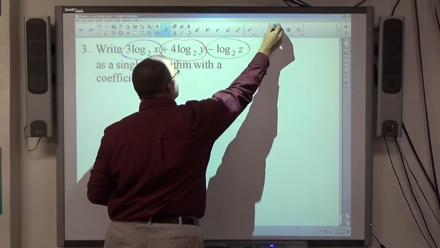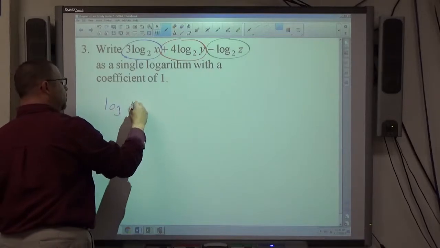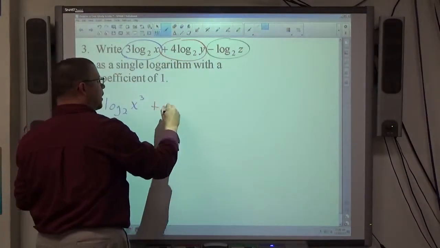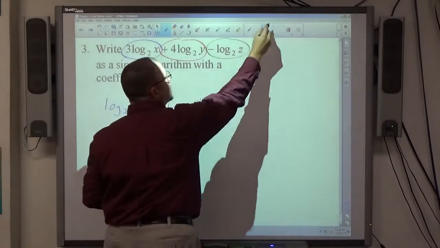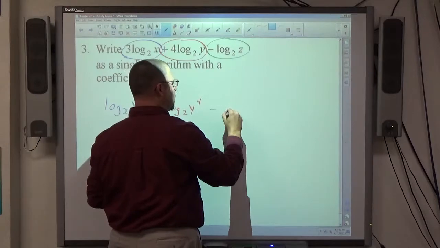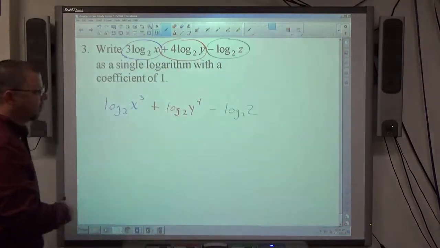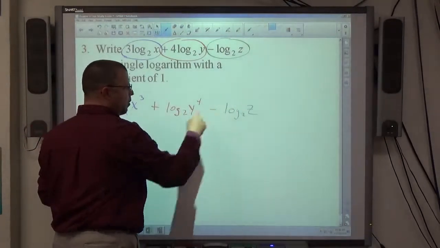So the first thing I would do is put the powers back where they belong. So this is log of x cubed base 2. It says plus, and then I'm going to get log of y to the 4th base 2. Then it says minus, and it says log of z base 2. This one doesn't have a power in front of it, so it just stays log of z base 2. Every positive one belongs on top, every negative one belongs in the bottom.